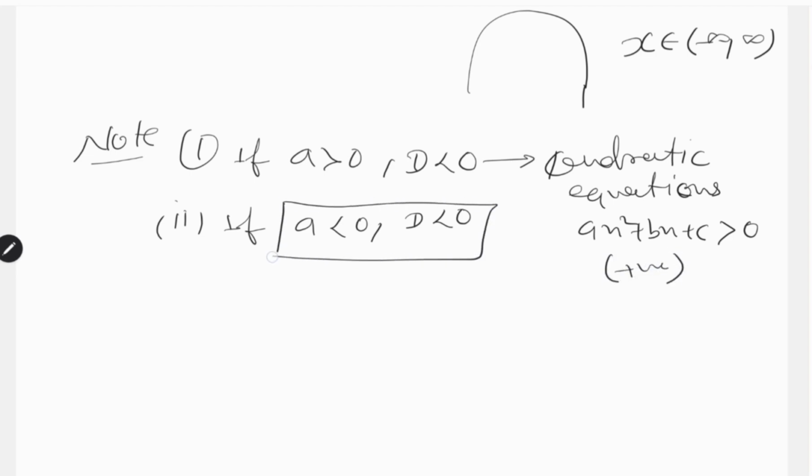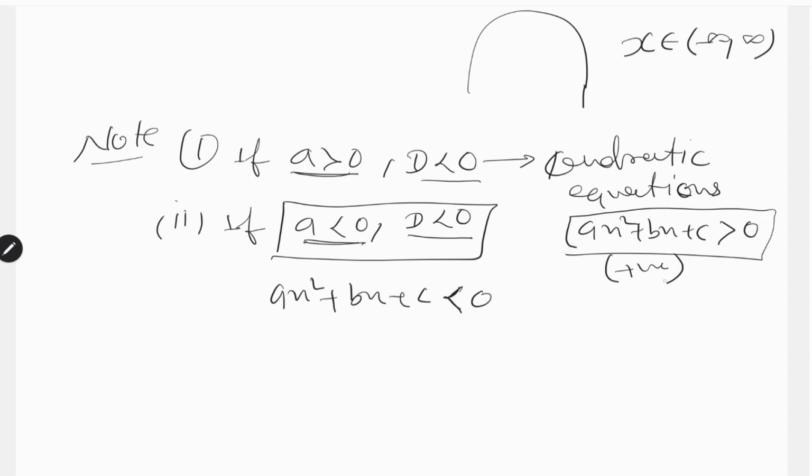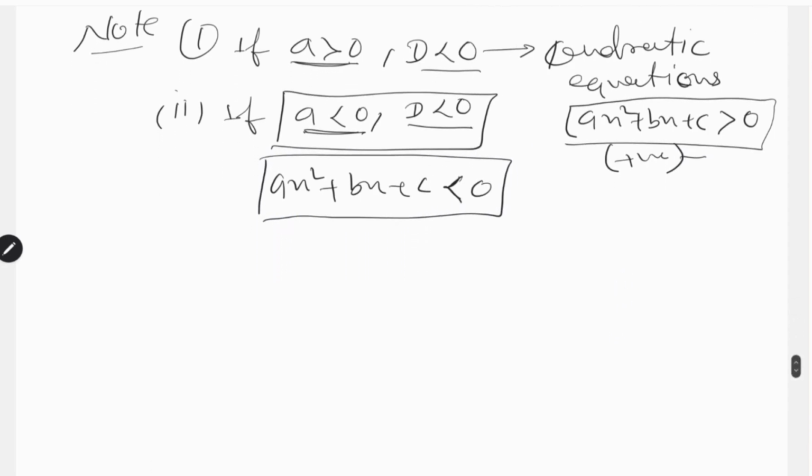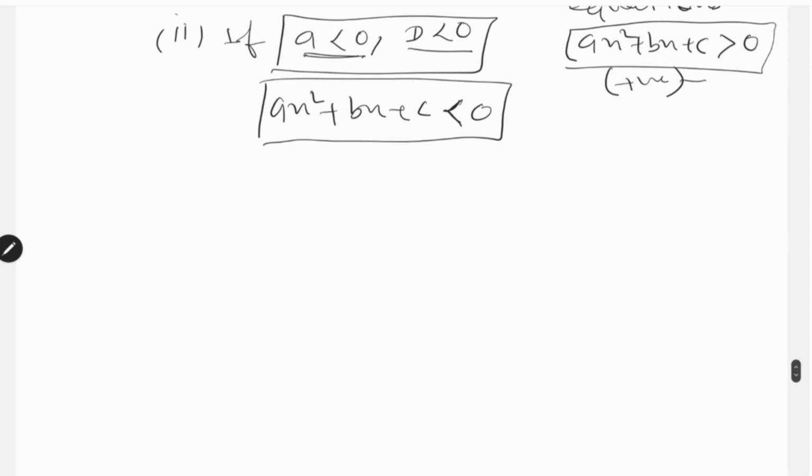In the other condition, the quadratic expression is negative. If D is less than 0, there are two conditions, A greater than 0 and A less than 0. If A is greater than 0, the quadratic expression is positive, and if A is less than 0, the quadratic expression is negative.